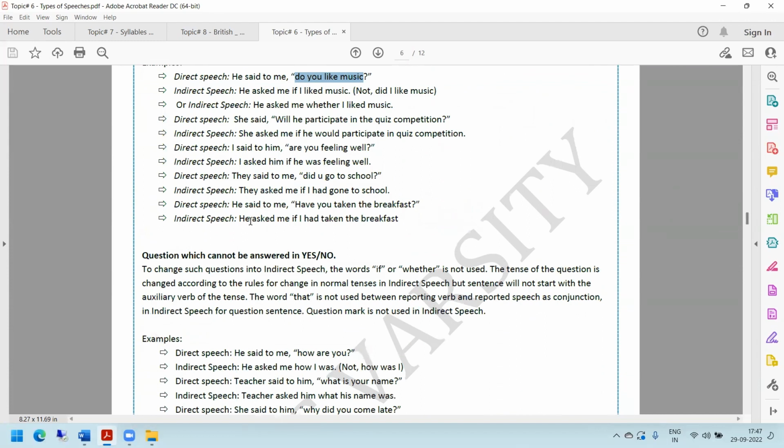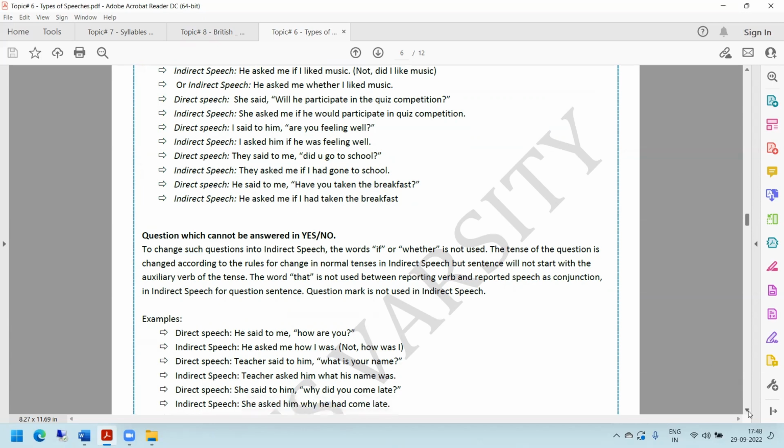Another example: He said to me, have you taken the breakfast? Indirect speech: He asked me if I had taken the breakfast. So if the direct speech is a simple question, then the indirect speech will be like the affirmative of that question, with if.